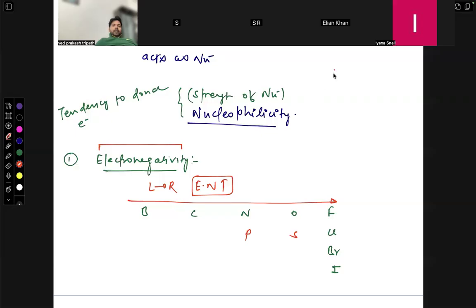Okay. Electronegativity is, no, it is not an energy to remove electron. Yes, it is a tendency to grab electron basically. Electronegativity is a tendency to grab bonded pair of electron.